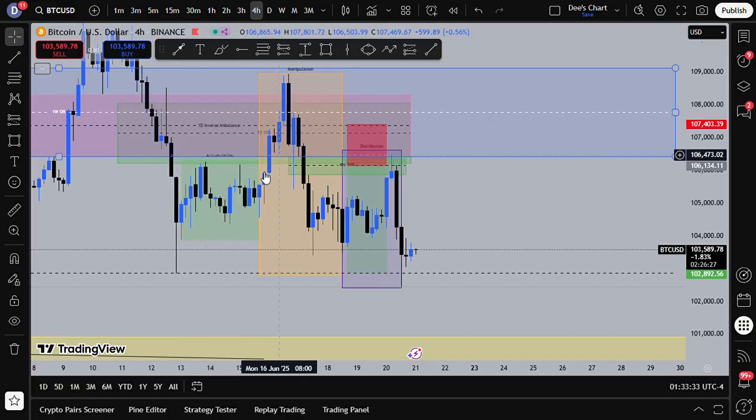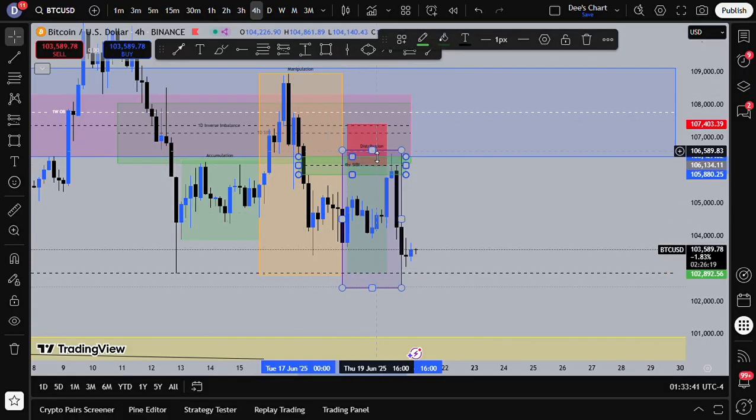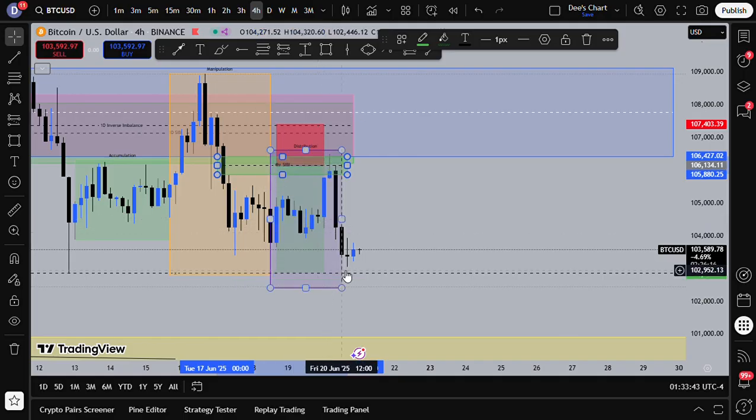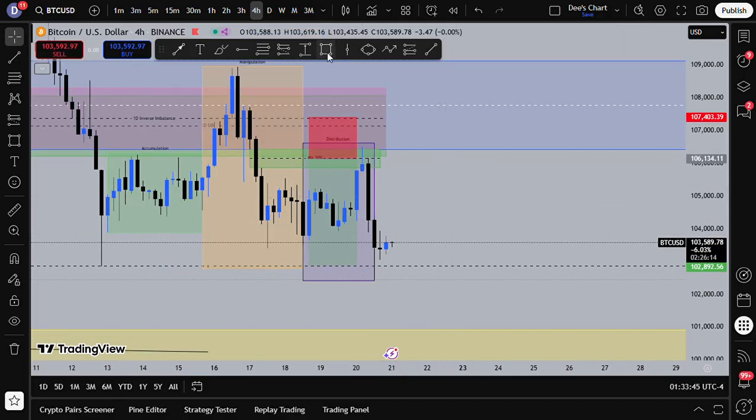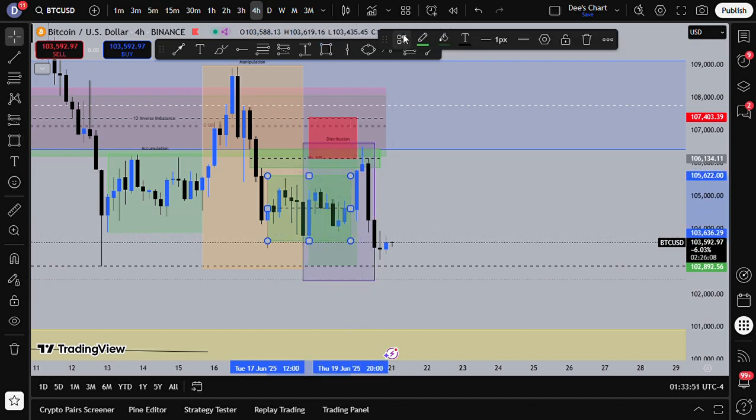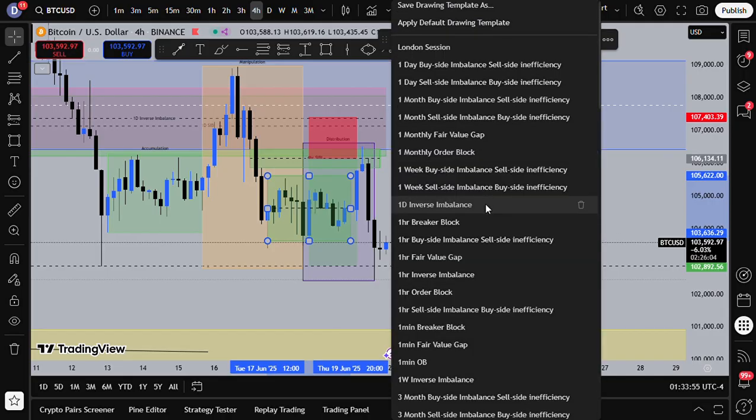So we took out buy side first, then sell side, and then it distributed inside of this phase right here. And now what price is doing, we are redistributing, but I also see price consolidating, which is definitely accumulation.